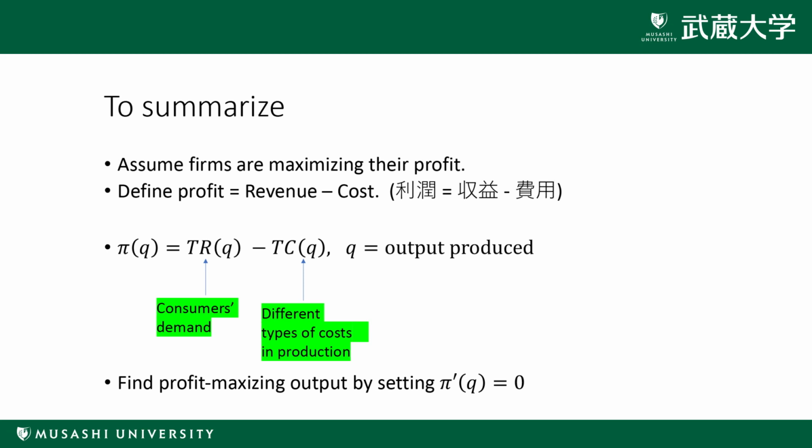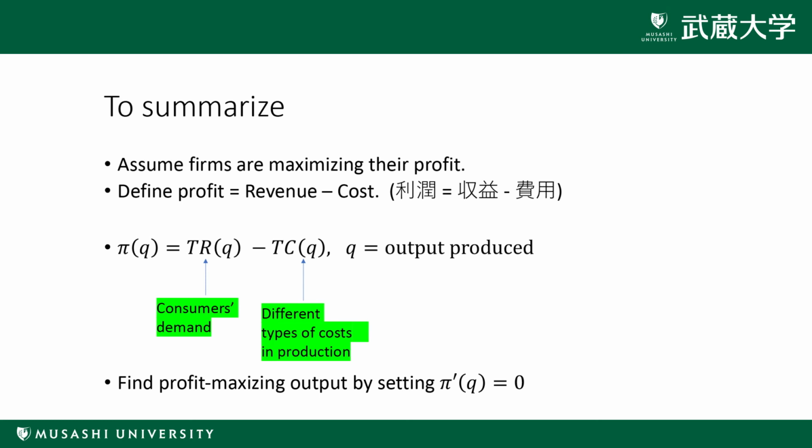To summarize a little of what we have learned so far: we assume that firms are maximize their profits, and we define the profit function as the difference between revenue and cost.